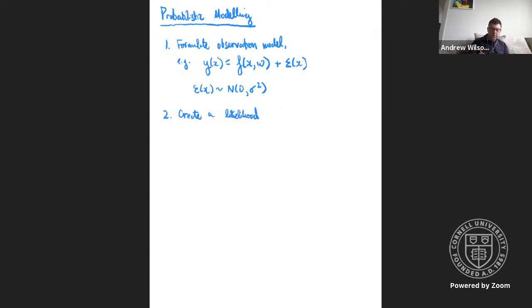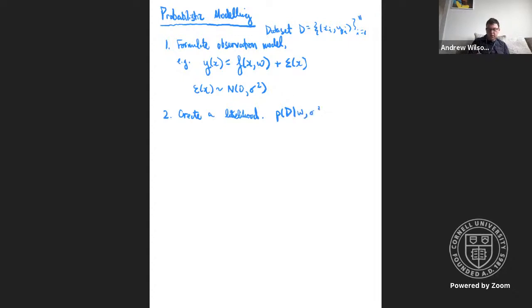So let's say we have a data set D, which is our x_i, y_i pairs in this instance. What we want to do is find the probability of the data given the parameters that we're trying to estimate.